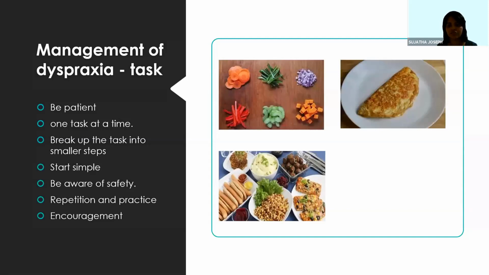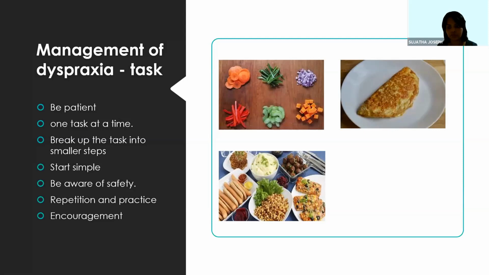First, make sure that the patient is understanding. Second, confirm that the patient is able to organize and complete the task. And very importantly, make sure that the patient is safe to be left alone to complete the task. Sometimes, even on a simple task, they need to be supervised or helped continuously and repeatedly. So there is no limited number of times that the patient needs to be trained.